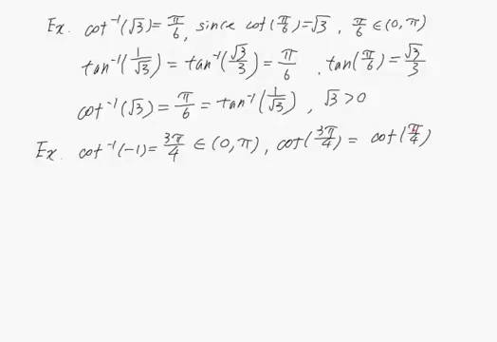And we know this pi over 4 is the reference angle of 3 pi over 4. And the cotangent is negative in quadrant 2. So we just prefix a negative sign before this cotangent of pi over 4 to get the value. So this is equal to -1. So that means this inverse cotangent of -1 is equal to 3 pi over 4.